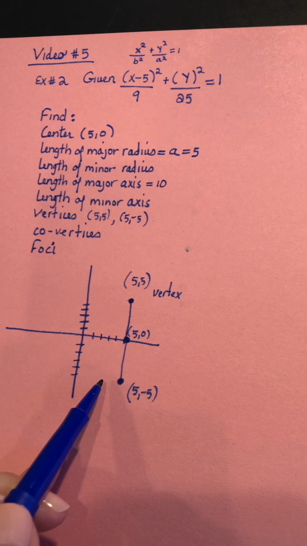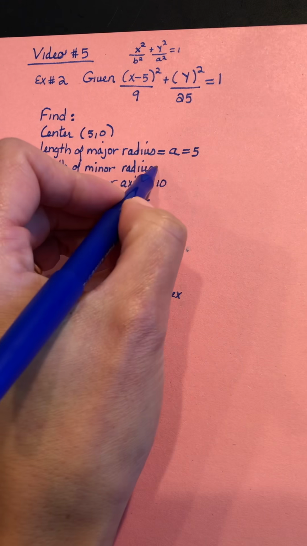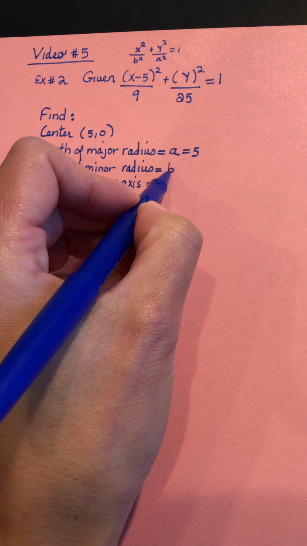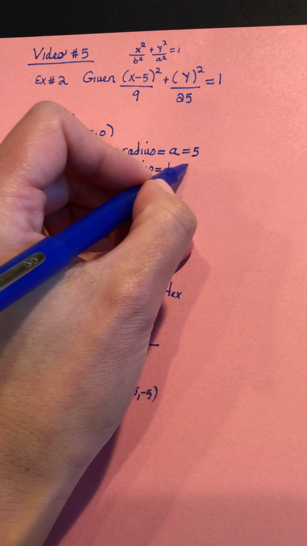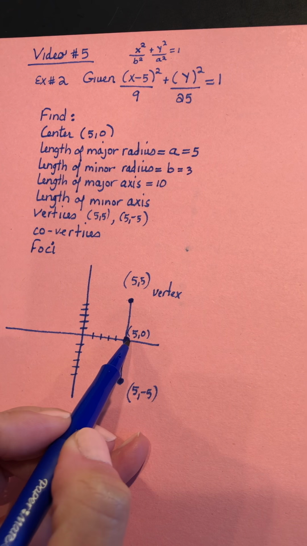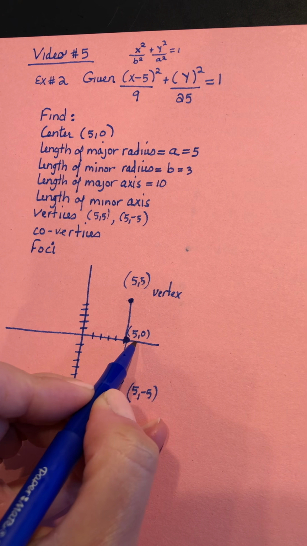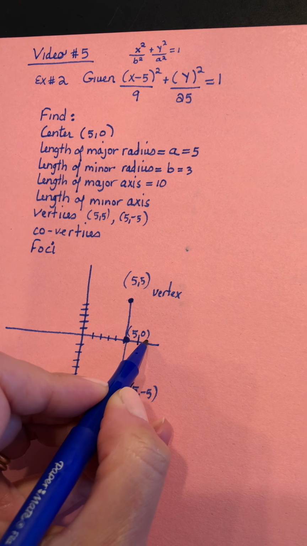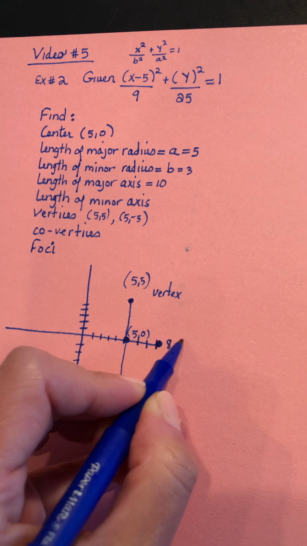Okay, let's move on to the length of the minor radius. The minor radius is given by the letter b. We know that b squared is 9, so b itself is 3, and this represents how far I'm going to travel in the horizontal direction. So from the point (5, 0), I'm going to go 1, 2, 3. This point here is the point (8, 0).